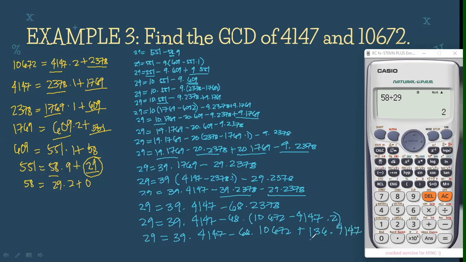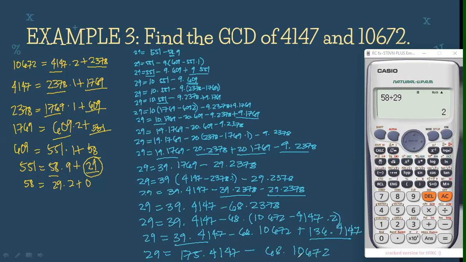Ngayon po, we can combine like terms. Ito pong dalawang. So we have 136 plus 39. That will give us 175 times 4,147 minus 68 times 10,672.